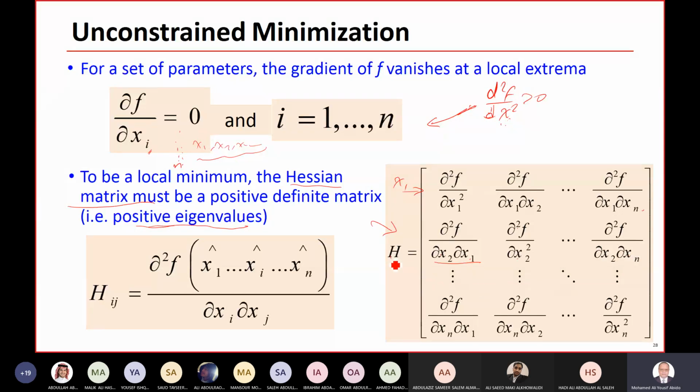So the eigenvalues of this matrix, lambda of H, must be positive, greater than 0. If all the eigenvalues of the matrix are greater than 0, then this is a local minima solution. We just expand the problem to include more variables, not only one variable we are looking for.